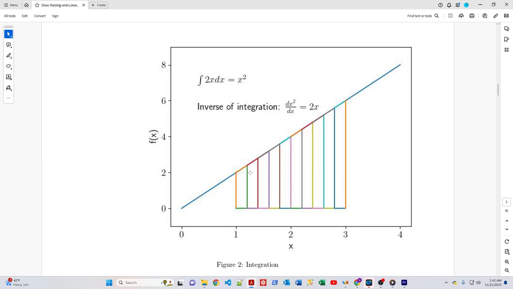And if you look at the area under it, summing up the width times the height of all these rectangles, as you can see, the increase in area as you move from left to right, the area increases more and more rapidly because the rectangles are getting taller. So that says that the integral is not a straight line, it's a parabola. It's the curve x squared.